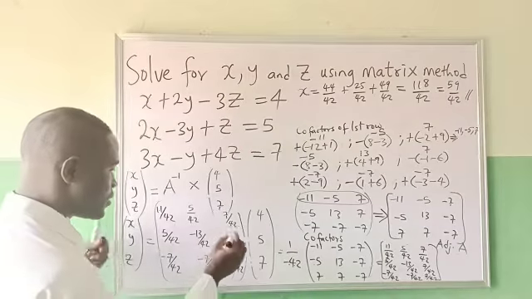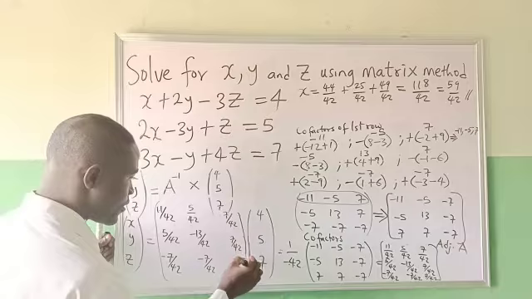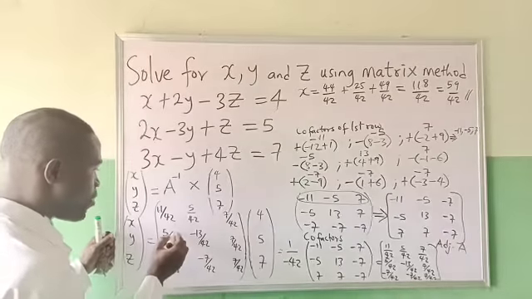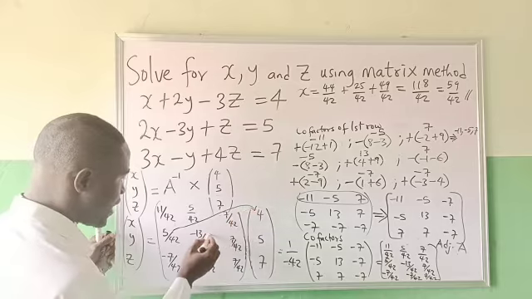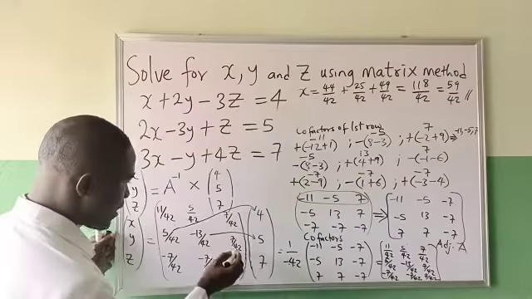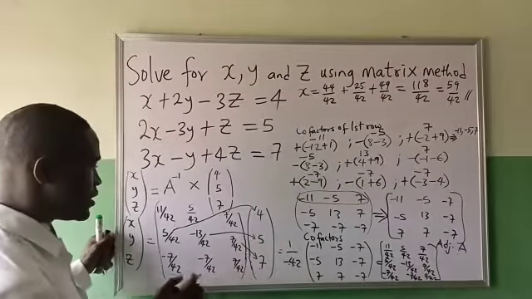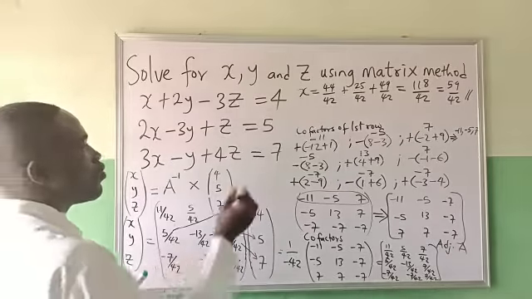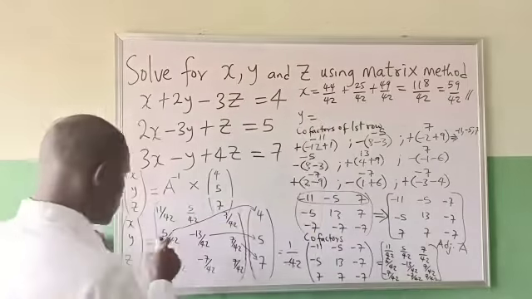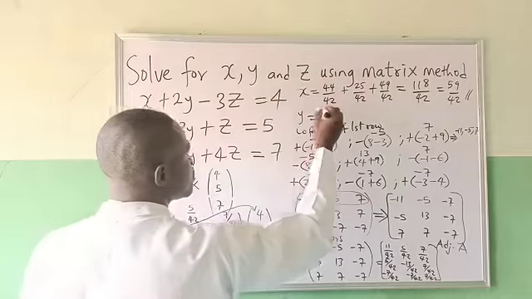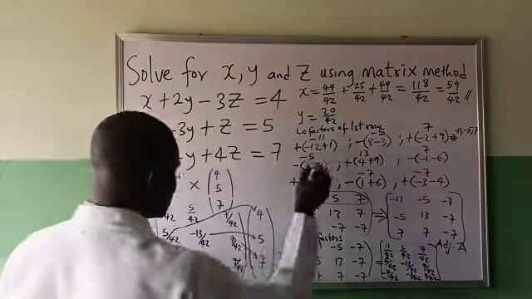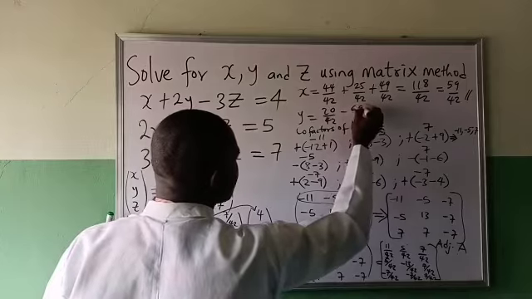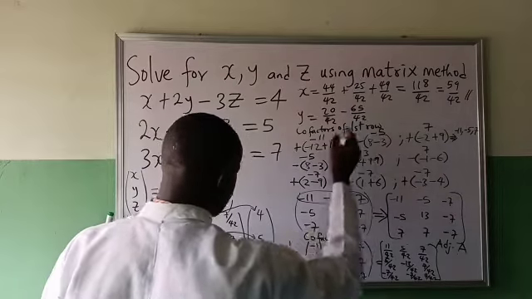We now say for y, we hold this, multiply by this, multiply by this, multiply this. Y will be equal to, this times is 20 over 42. This times is minus 65 over 42.